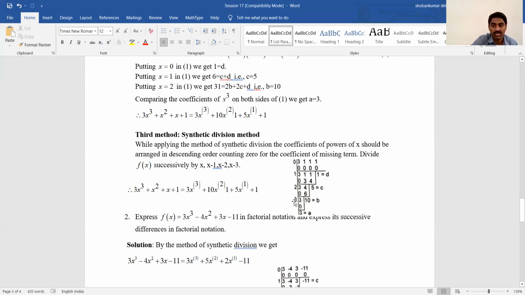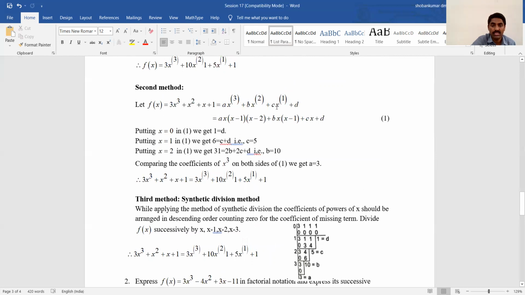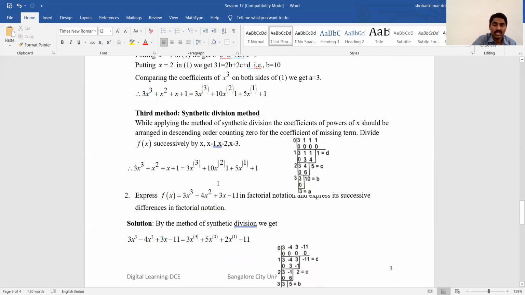Here we take x is equal to 3. Now here there are no values, therefore this should be a. Therefore, a is equal to 3, b is equal to 10, c is equal to 5, and d is equal to 1. Now substitute here a, b, c, d. We get the required factorial notation of the given polynomial.